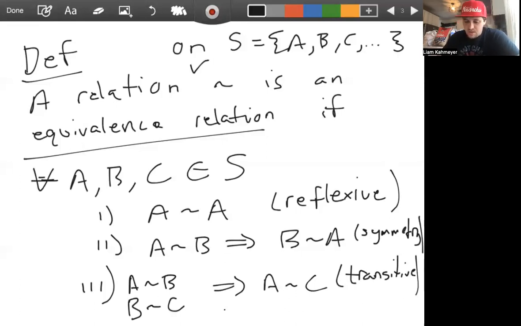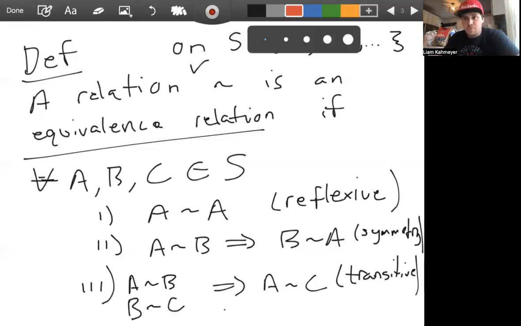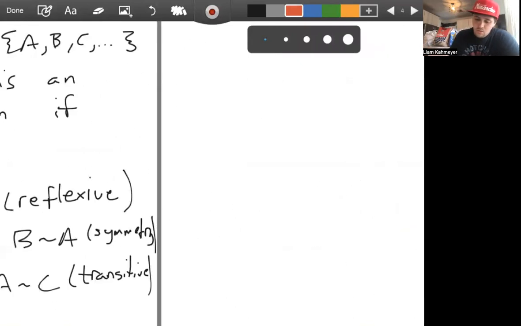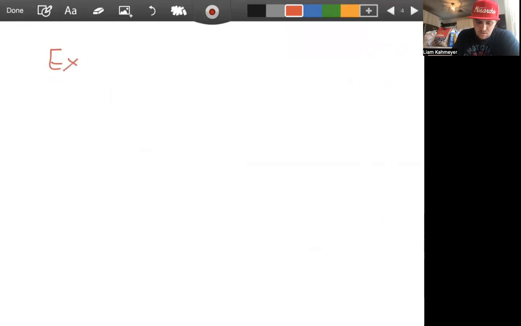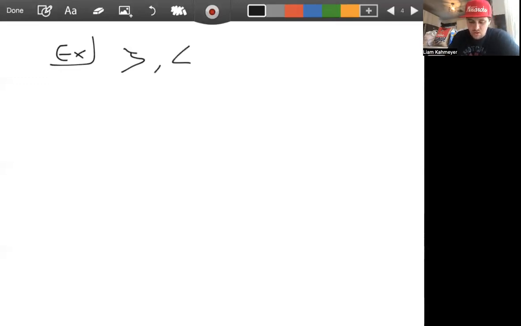You may say, well, those are pretty common properties that could easily be satisfied. Well, for an example, let's look at strict inequality, right? So less than or equal to, or greater than or equal to. These aren't reflexive, right?